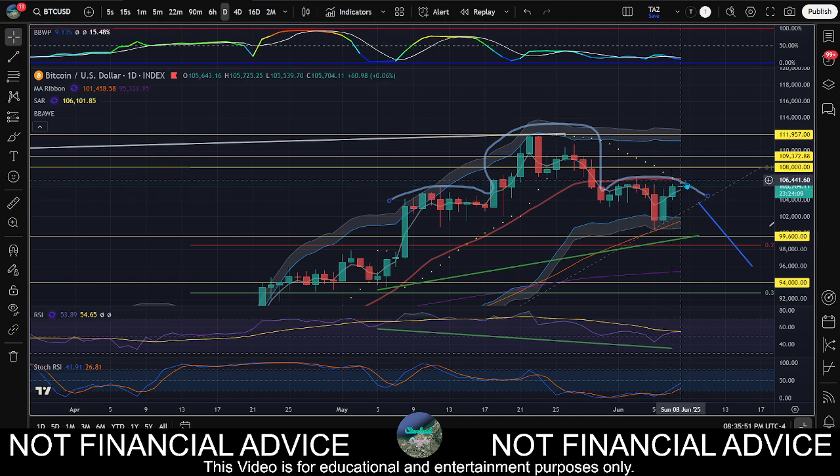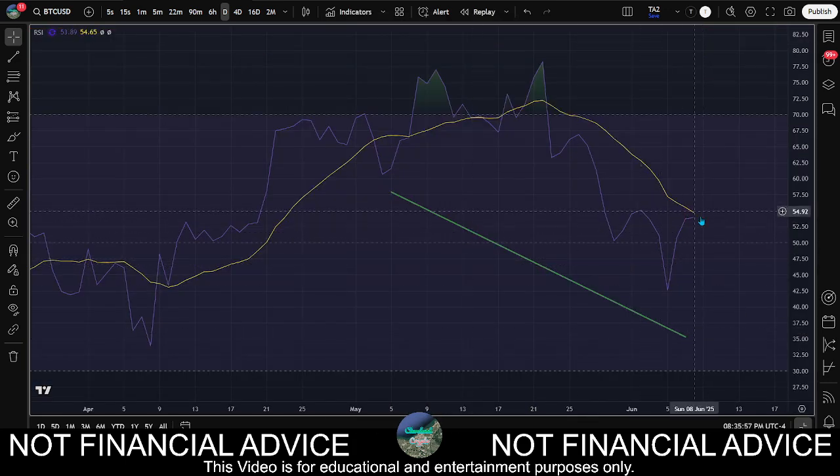Break up over that 21 and get moving. Look at this. RSI has moved back into bullish territory, so that's good. Might even see a little head and shoulders being formed here. Shoulder, head, and we'll see if we can see another shoulder come down.